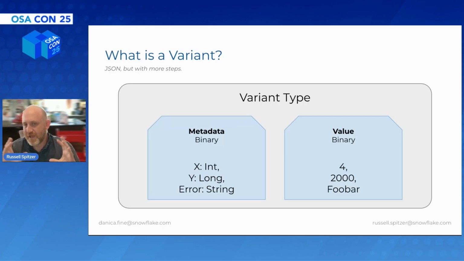We would store that schema within the binary portion of the variant, and then in the value portion of the variant, we have a serialized version of the values for that particular schema. So combining these two together, we have a set of rules which are in the Apache Parquet project now, which basically say, if you're looking at an int in the schema portion, this is how you deserialize that value out of the value portion of the variant type.